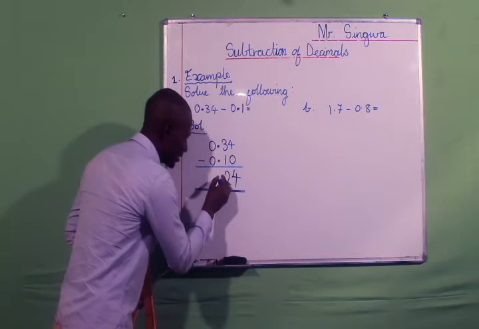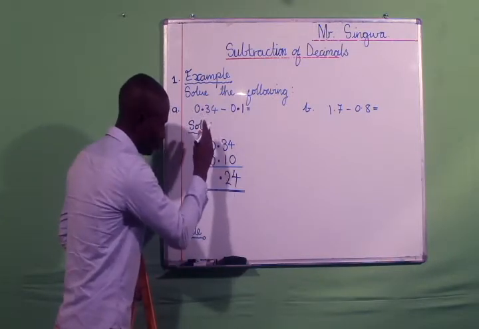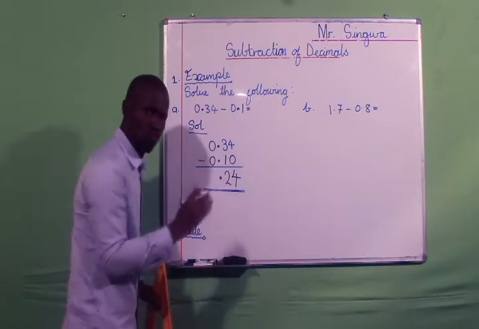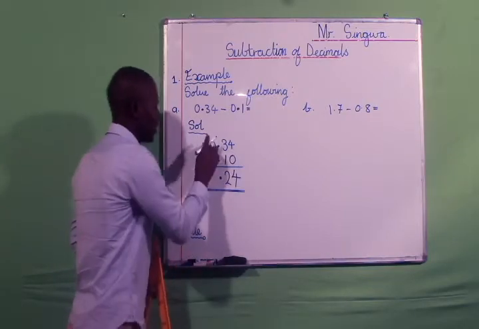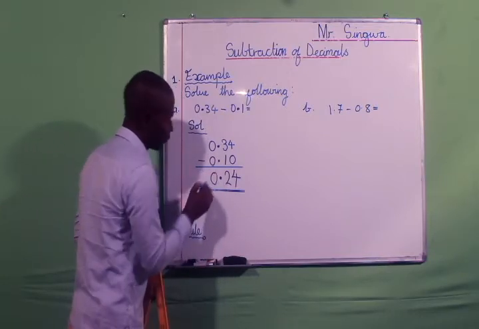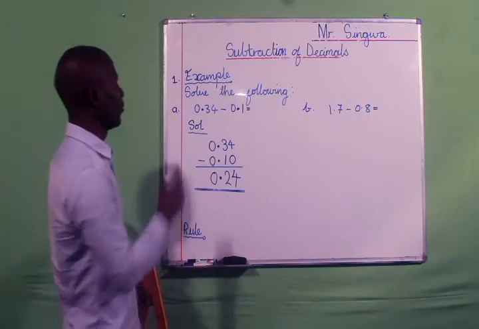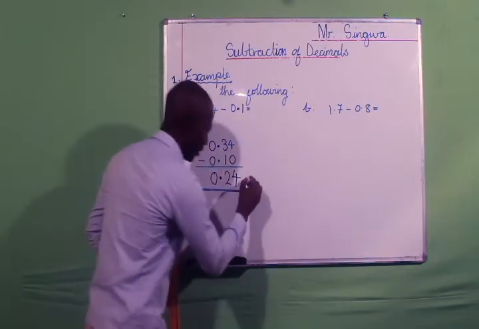The point should be in a straight line. That is a rule for everyone to follow. 0 minus 0 is still going to be 0, which is a whole number 0. So your answer ends just here.